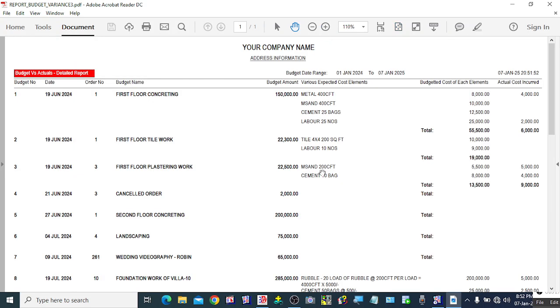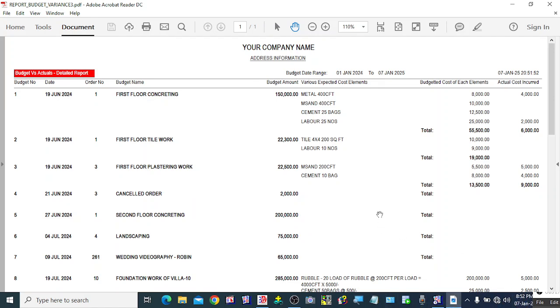This is a very useful MIS report, like budget versus actual. Here in the first budget number, we can see budget number 1. The budget we have created on 19th June 2024. The budget name is first floor concreting.